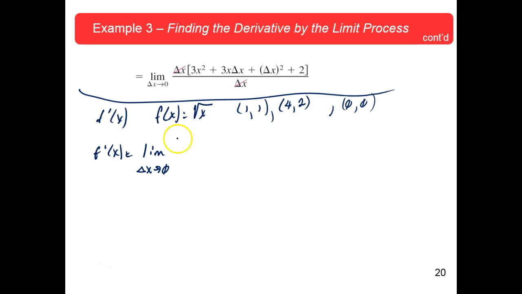That would be the square root of x plus delta x, that's f of x plus delta x, minus f of x, which would be the square root of x, over delta x. Everybody see that's what he did? F of x plus delta x, you're just plugging that into the square root, and minus f of x. Okay? Whoa! Can we do that?